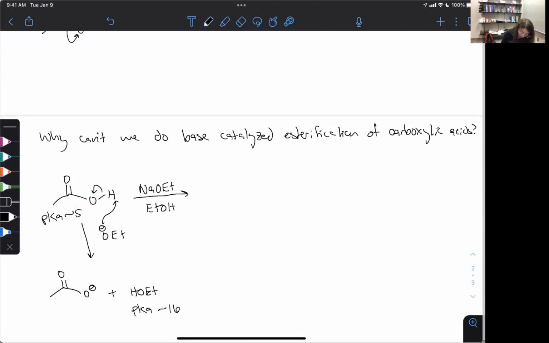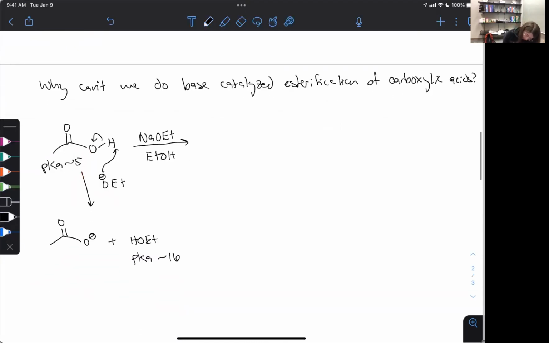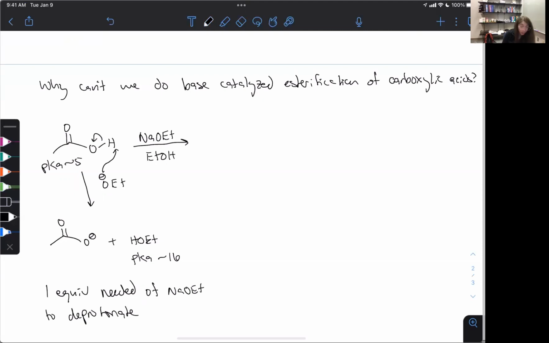So that's going to take one equivalent of your nucleophile to deprotonate that carboxylic acid. So that's going to happen all first.